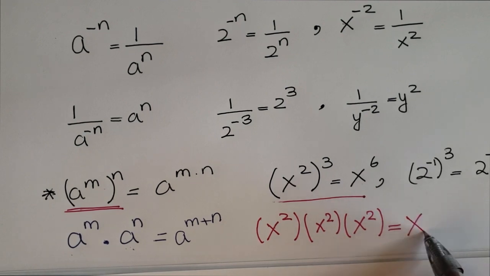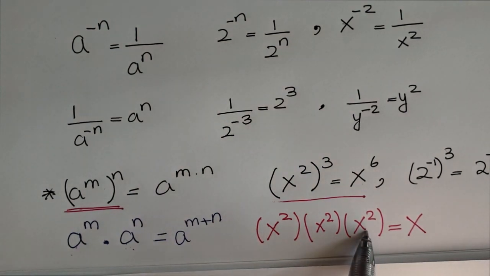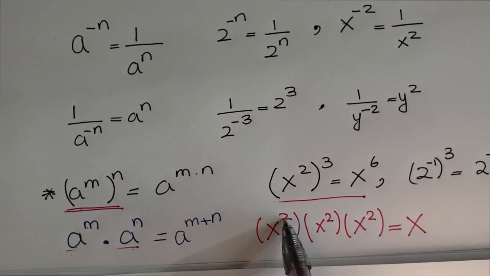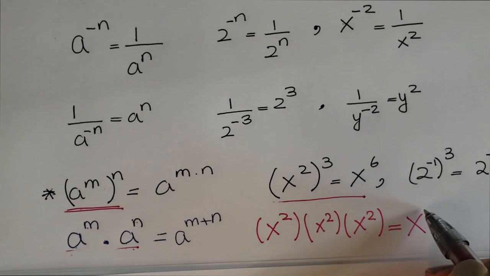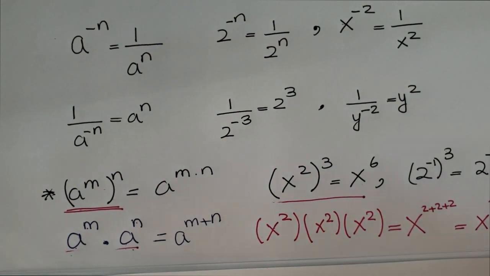And if I want to find the answer, now it follows this rule, because the bases are the same. The bases are the same, so the exponents should be added together. What are the exponents? 2 plus 2 plus 2, which is equal to x to the power 3 times 2, which is x to the power 6, right?